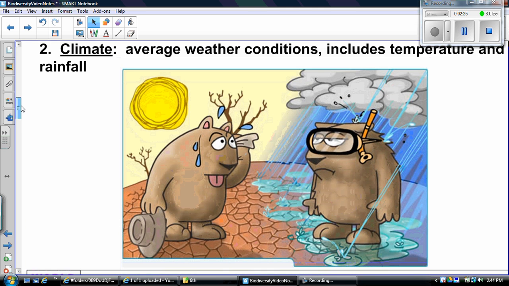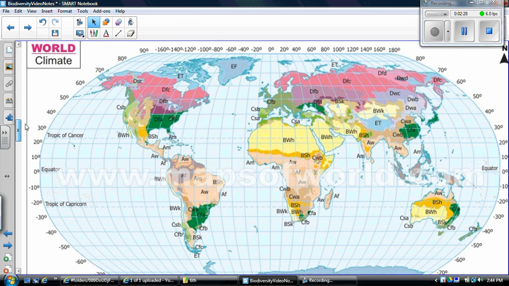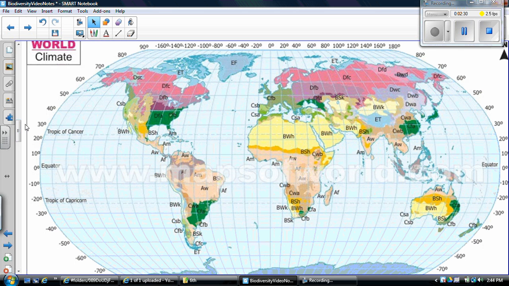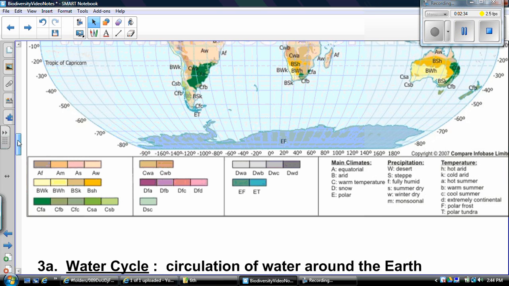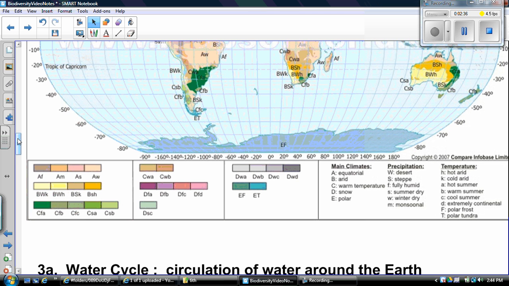In our Earth systems, we have a lot of different types of climates, and they're based on your temperature and your amount of precipitation. Okay, so if you take a look at this picture, you've got a rating scale. AF, A tells you the location, it's by the equator. F tells you that it could be cold and frosty.